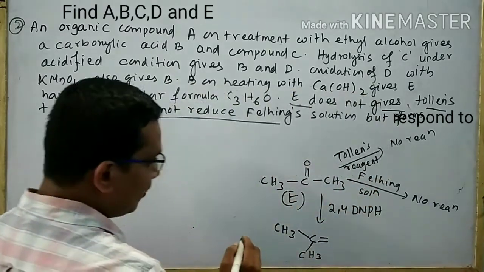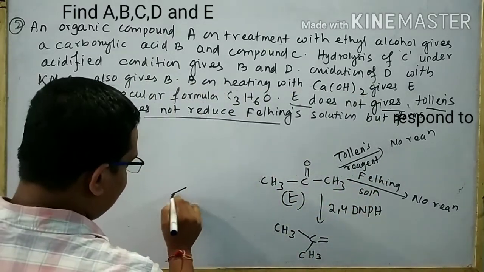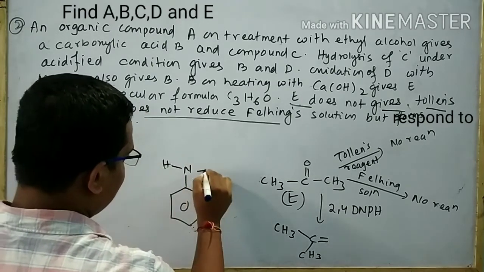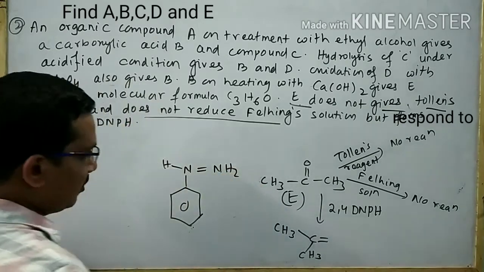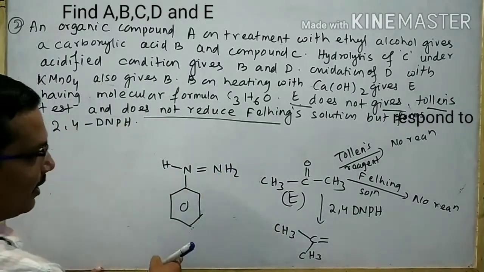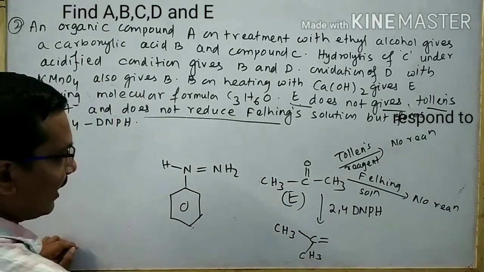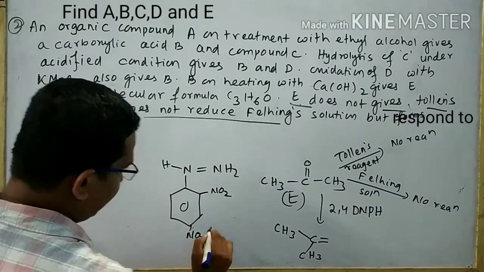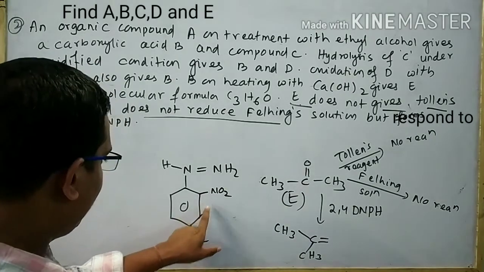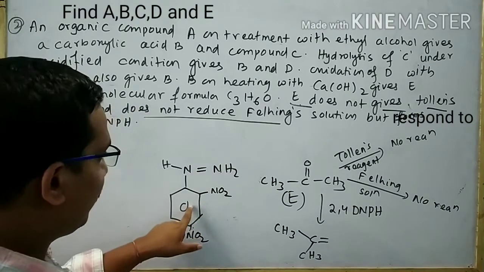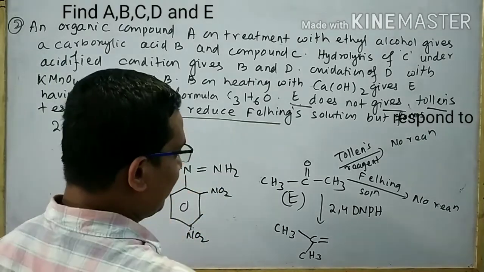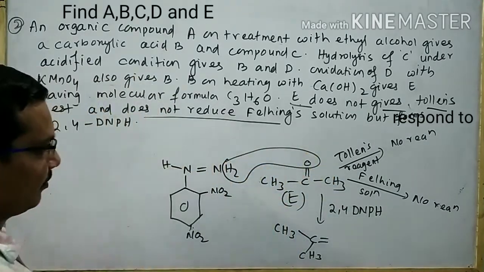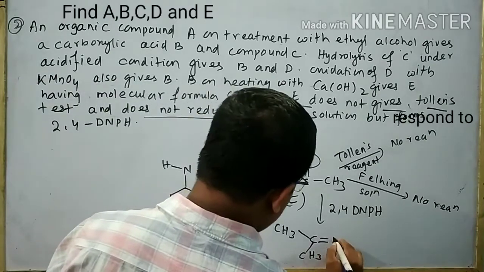The structure of 2,4-DNPH is this: phenylhydrazine with 2,4-dinitro, here one nitro group, here another nitro group. When it is subjected to reaction with acetone, there is a loss of a water molecule and it forms the product.